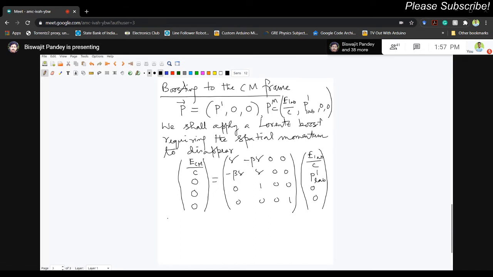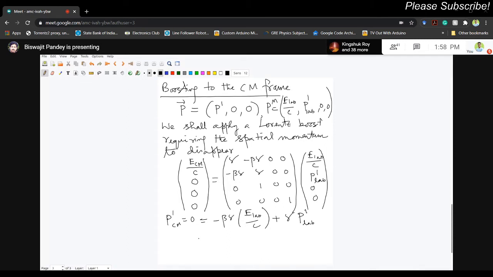So since p1 cm is 0, this one is p1 cm, right? X component of momentum in the center of momentum frame, that is 0, and that is equal to, if I multiply that, minus beta gamma E lab by C, and then plus gamma P lab 1, or X component, right?